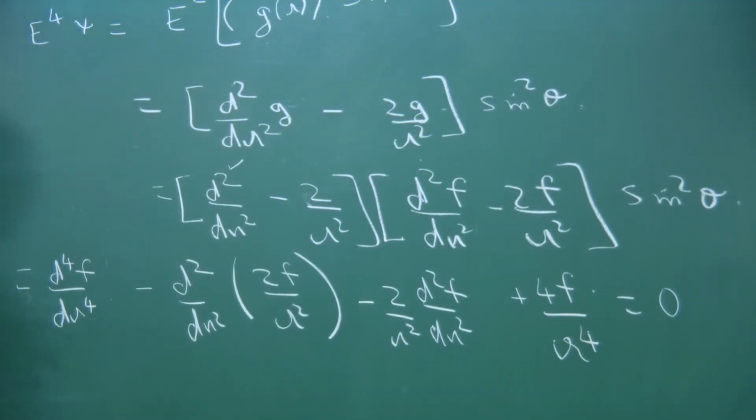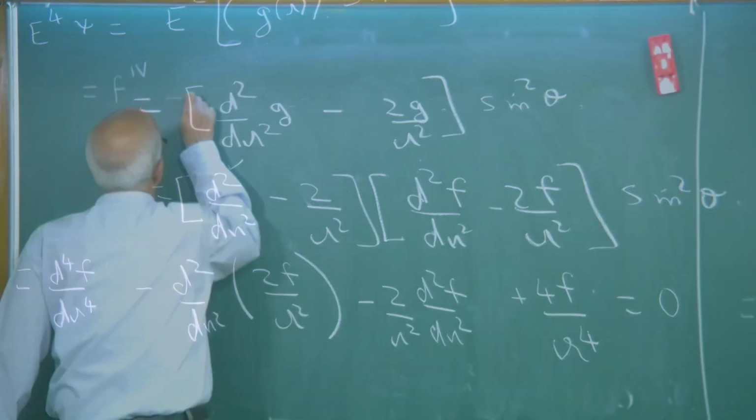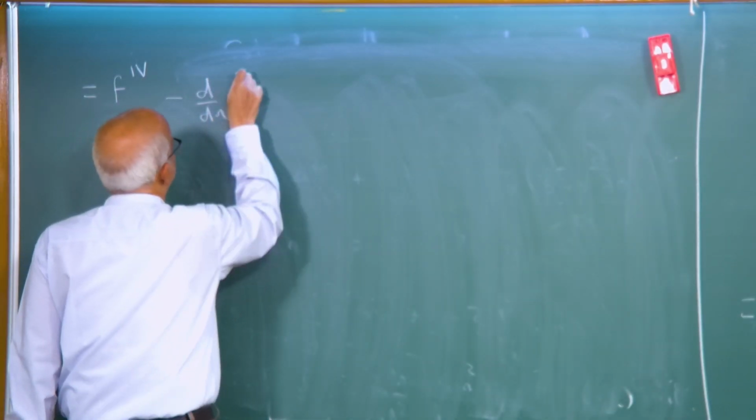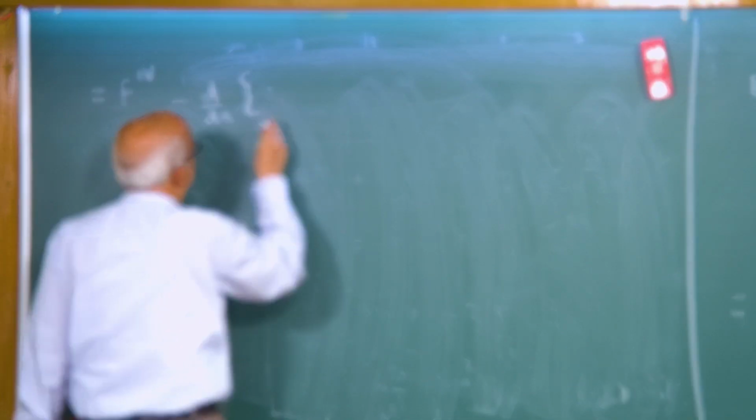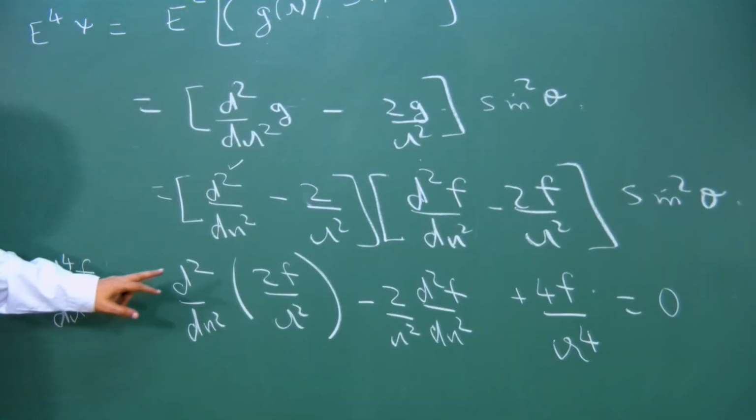I am doing d by dr minus d by dr of, differentiate this once. What do I get?